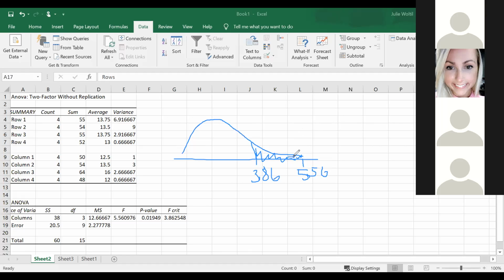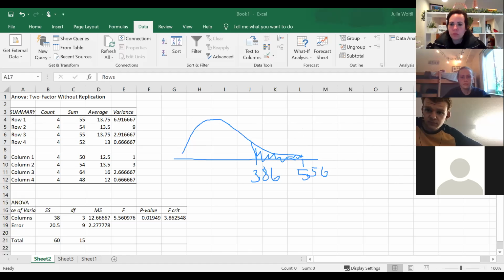So yes, I can reject my null hypothesis. I reject the fact, again, per null, that all the means are equal. This is suggesting they are not all equal. Okay. Kind of makes sense? Okay. What else do you need to know?